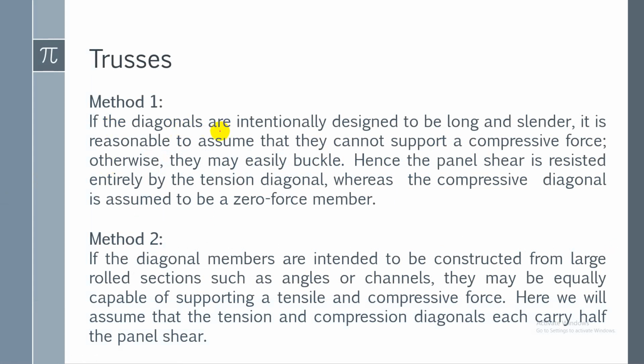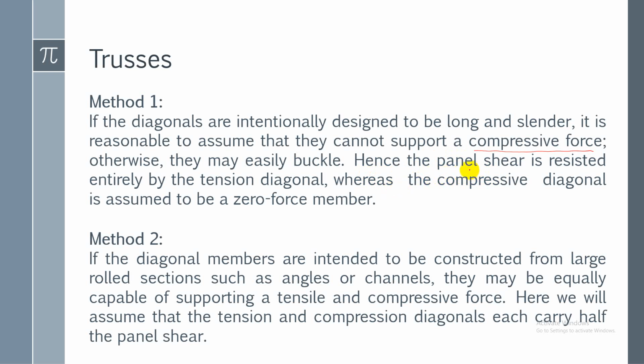If the diagonals are intentionally designed to be long and slender, it is reasonable to assume that they cannot support compressive forces. So if a diagonal member is long and slender, we can assume it will not support compressive forces, so we can continue assuming that it will only carry tensile forces.